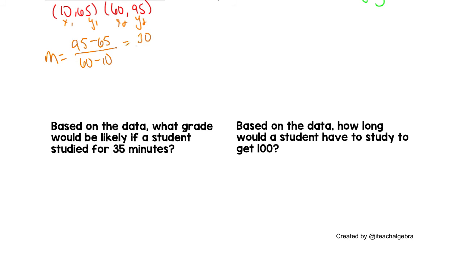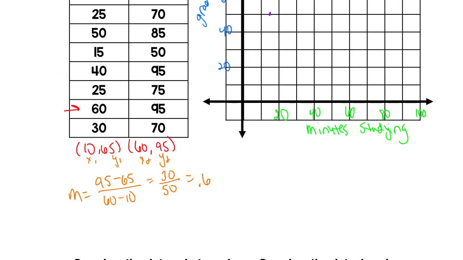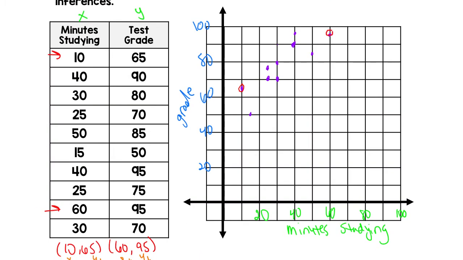Well, that's 30 over 50, which is 0.6 for our slope. So this is a positive correlation because we have a positive slope. Our line of best fit, which I didn't draw, let's go do that, is going to have a positive slope. So we need to connect these 2 points. Our line of best fit looks something like that.